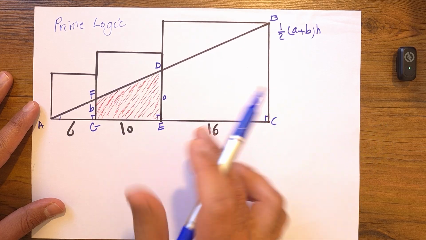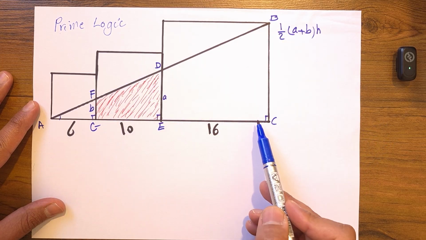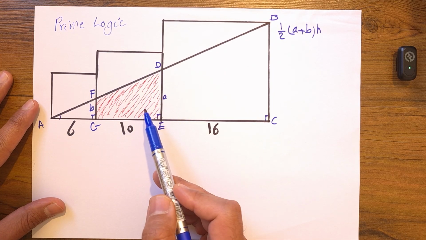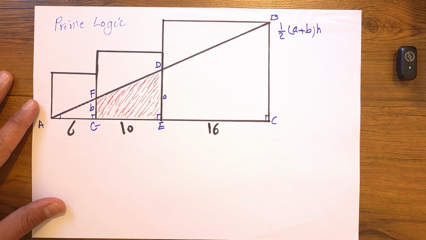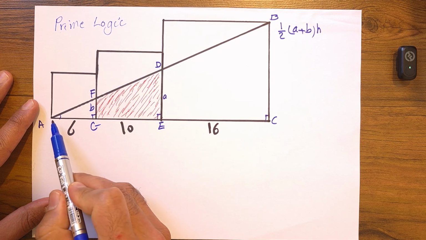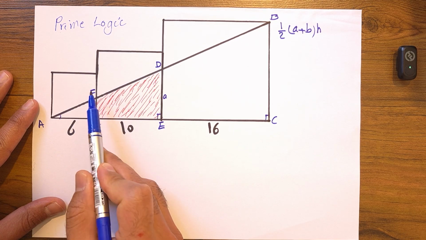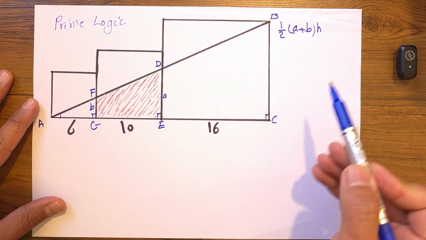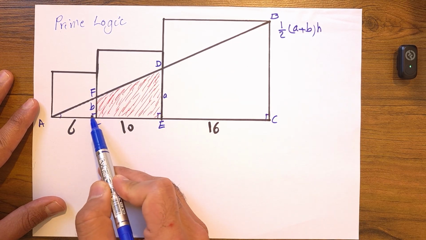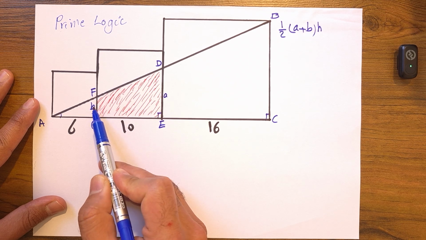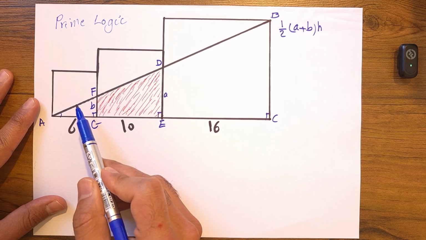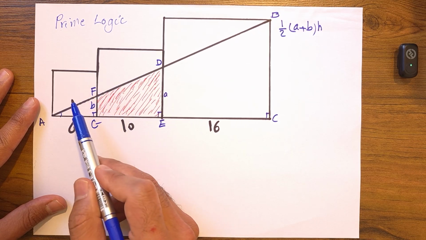So the big triangle and triangle AED are similar because they have two equal angles. Then let's look at the smaller triangle AGF. Again, this angle is shared among all the triangles, and it is a right triangle because this corner is the vertex of this square.